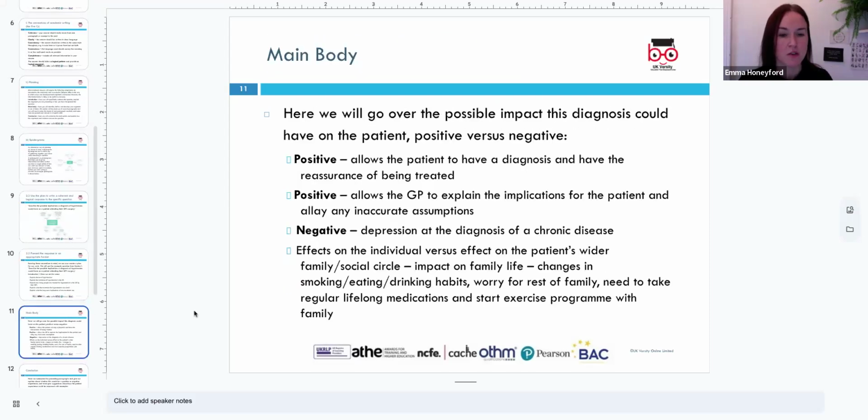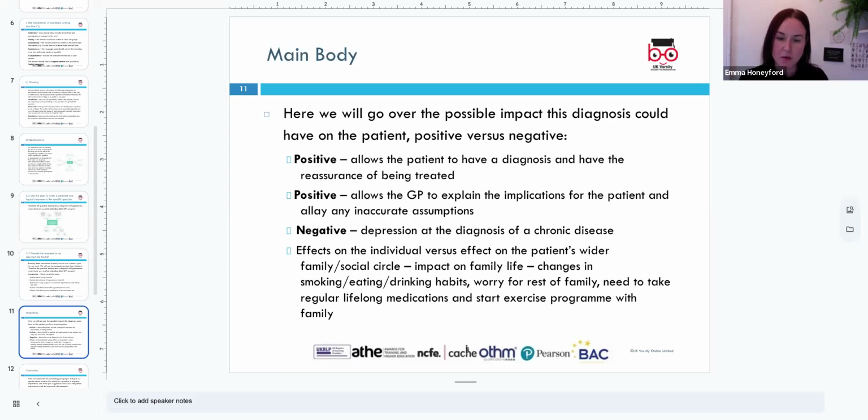So after the introduction, you'll go into the main body. So you can go right into the details of the impact the diagnosis could have on the patient. So you have positive versus negative, so you can show both sides. Positive: it allows the patient to have a diagnosis and have the reassurance of being treated.